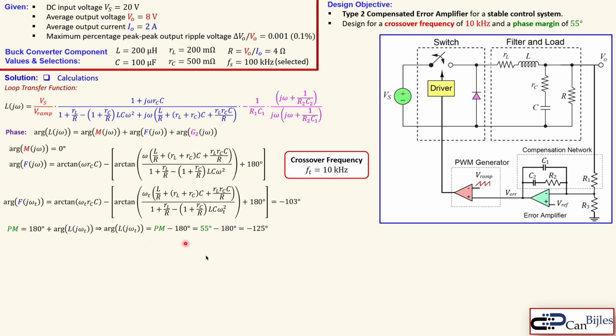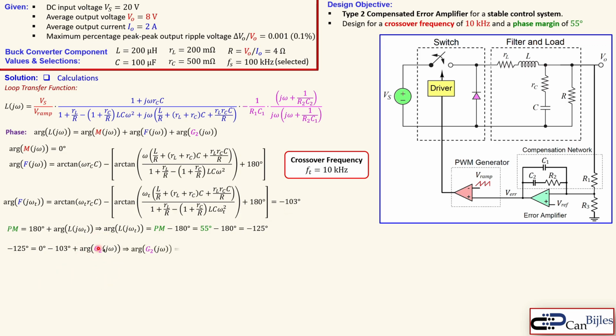So this needs to be compensated, and we need to go above such that we have this 55 degrees. So minus 125 is equal to 0, because it is the argument of M, plus minus 103, plus the argument of the type 2 error amplifier.